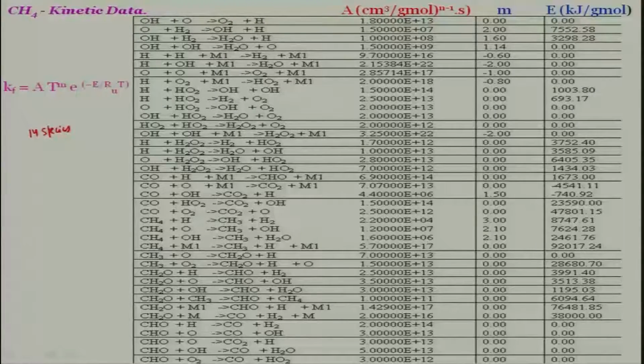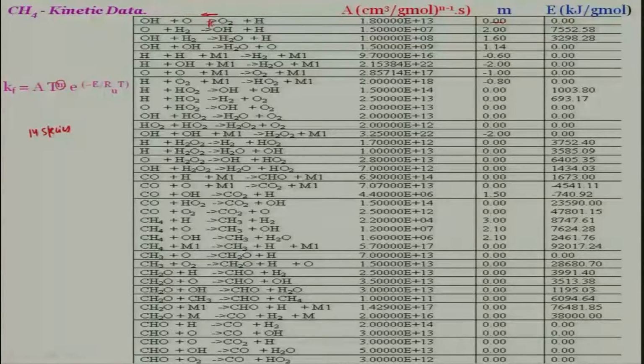And this is for the forward reaction. You can get the backward reaction; all these coefficients, this is the pre-exponential factor A, and this is the temperature exponent coefficient, values are given, and E is the activation energy, right. And you can calculate the reverse reaction rate using the equilibrium.